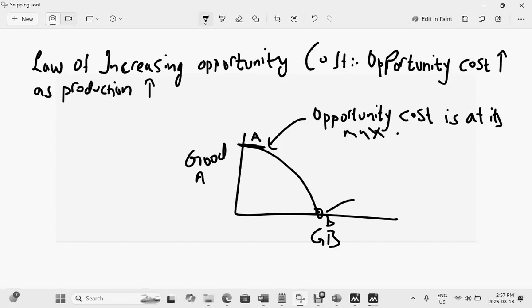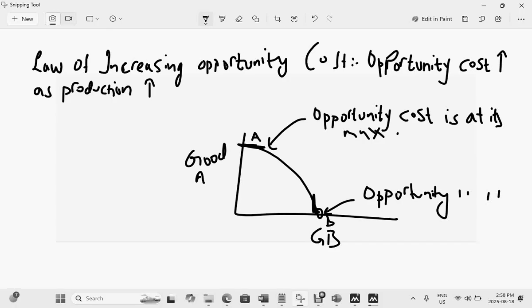And right over here, your opportunity cost of producing good B is at its max, and this will be near a vertical line. So this is more of a vertical line over here. So opportunity cost is at its max.